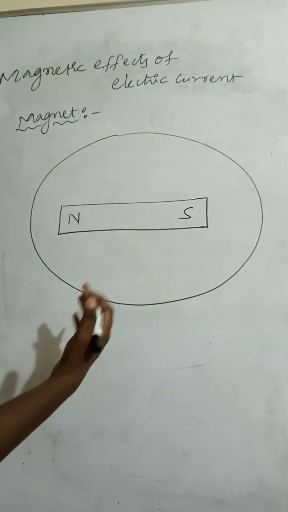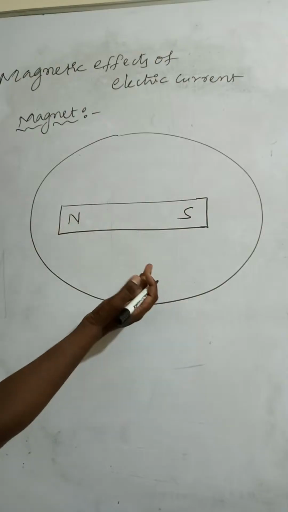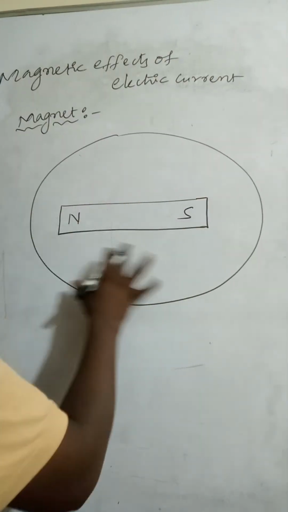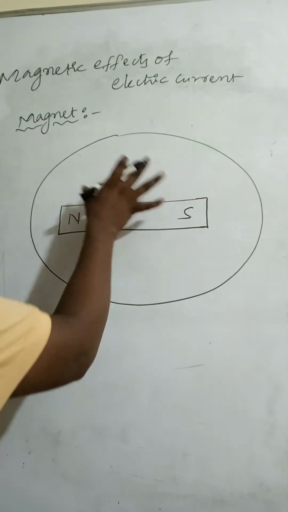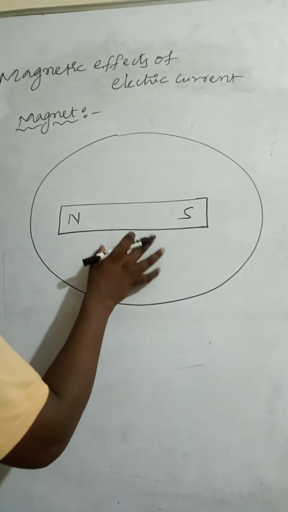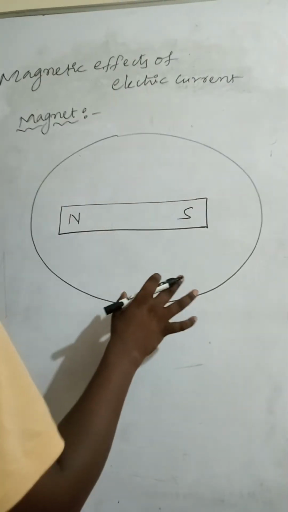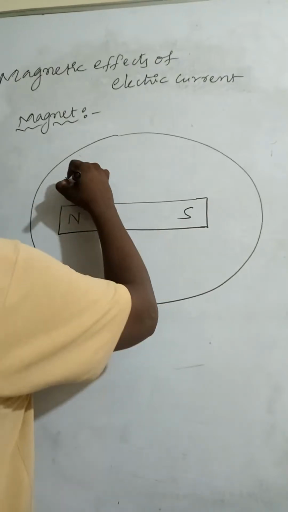Beyond that point it won't attract. The region in which the magnet influences the magnetic material is called the magnetic field.